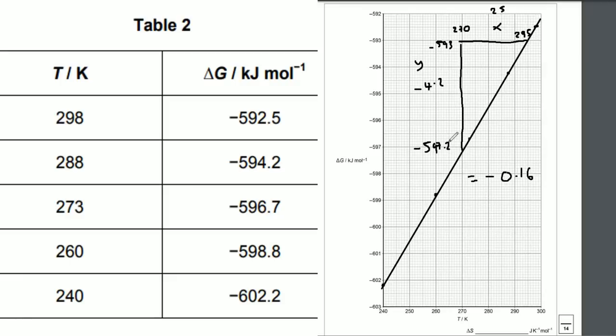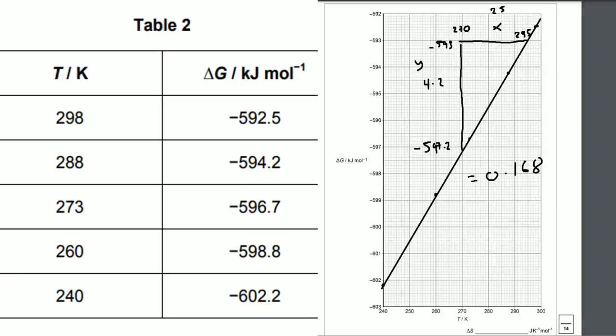Now that is in kilojoules, and I will need to turn that into joules. So I'm going to times by 1,000, and I'm going to get 168. And I think they accept anywhere between 167 and 170 once you've times by 1,000.